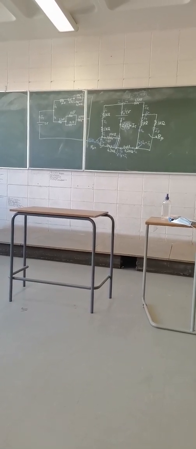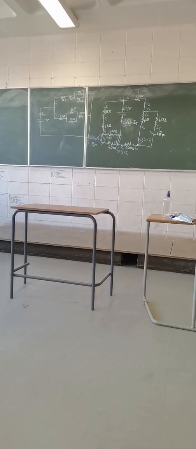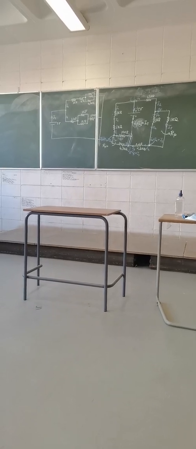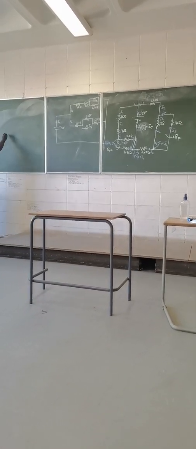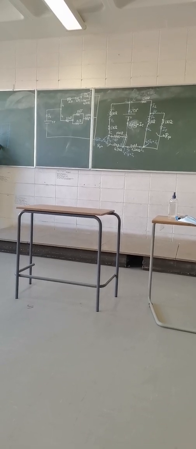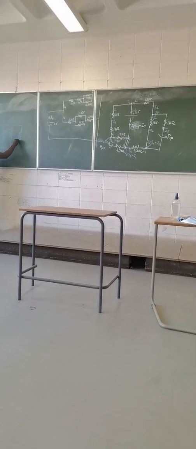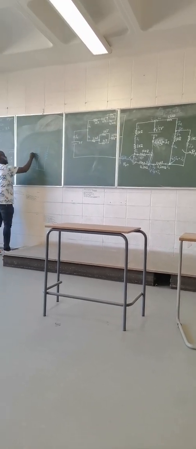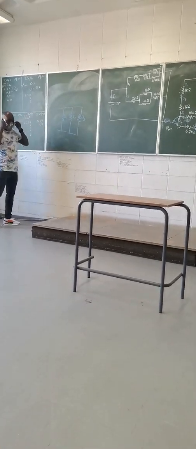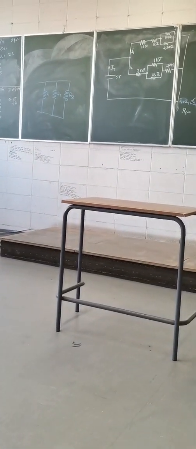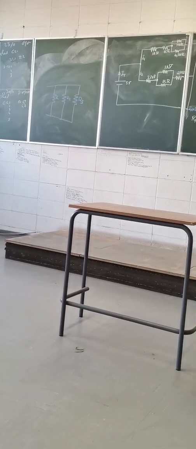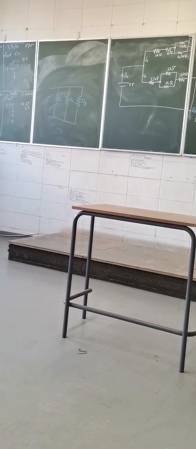Now, what I've seen in most cases is if I say to you, use the current divider rule to find the current which is flowing through R3.